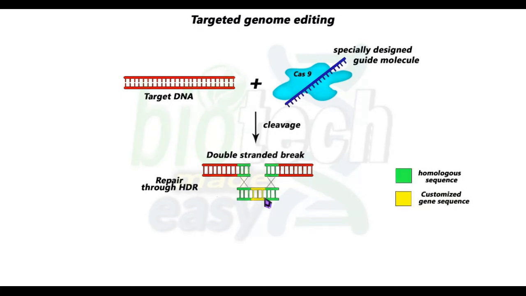Then what we do? Then a customized gene sequence is synthesized. This customized gene sequence, which I have shown by yellow color, here you can see this yellow colored is the customized gene sequence, and at both the ends there is a sequence which is homologous sequence. So this green colored sequence is homologous to this particular one.